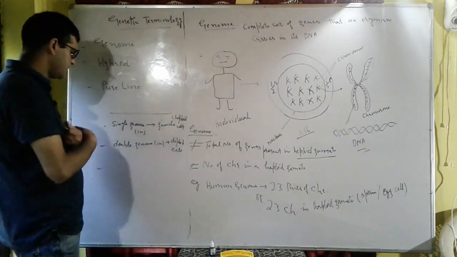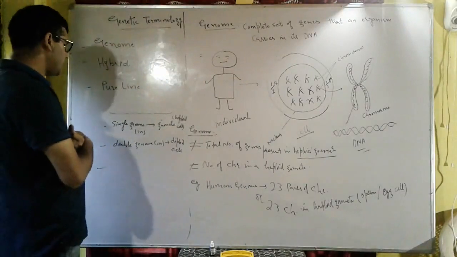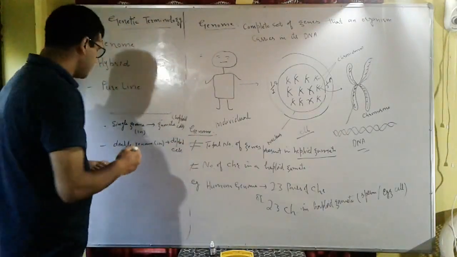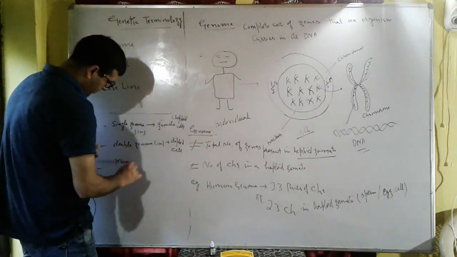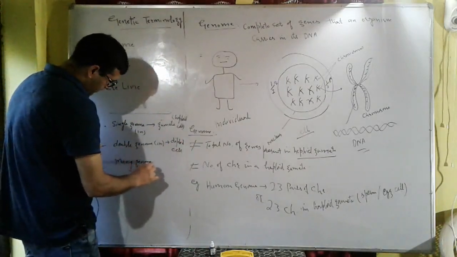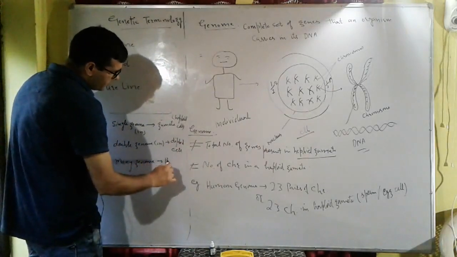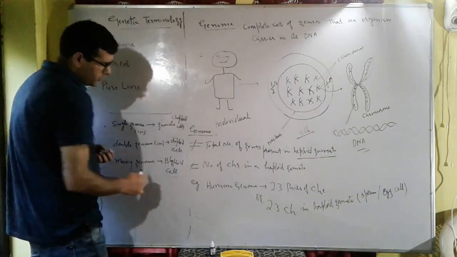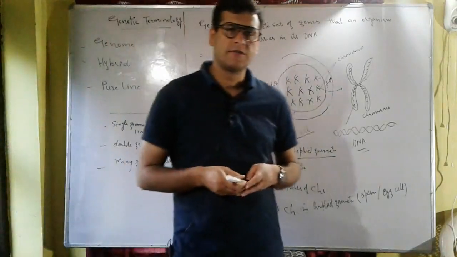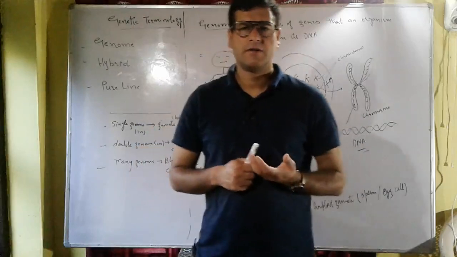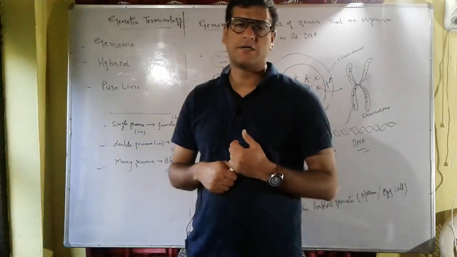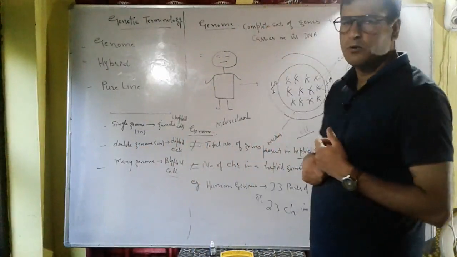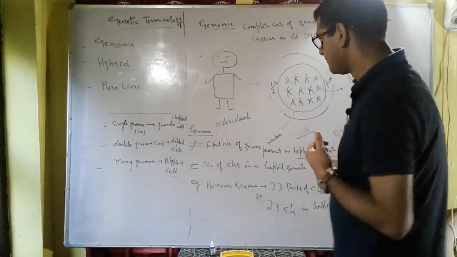Or we can say that triploid genome present in triploid cell, or many genomes present in polyploid cell. Sometimes we say that hexaploid, it is having 6 sets of genomes. A tetraploid, 4 sets of genomes.